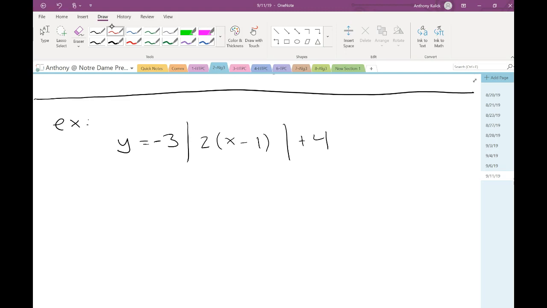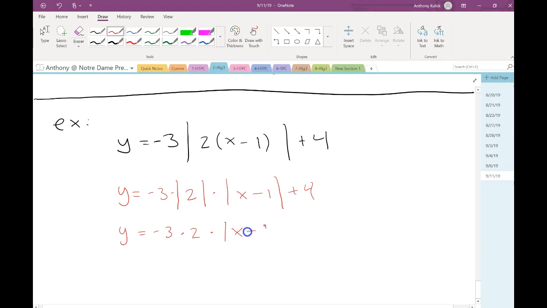Does everybody kind of agree with that? So let's simplify that. And that will simplify down to -6, absolute value of x minus 1, plus 4.